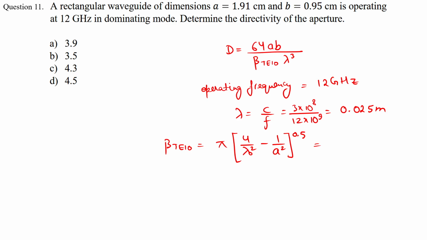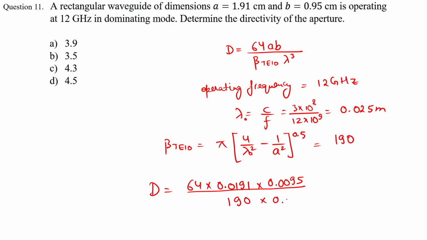So now when we solve this, lambda naught we know 0.025 and a is given in the problem as 1.91 in centimeters. So when you substitute this, we will get 190, and hence now we can calculate the directivity as 64 into, I am writing this in meters, 0.0191 into 0.0095 meters divided by beta TE10 comes out to be 190 into lambda cube, which is 0.025 cube.